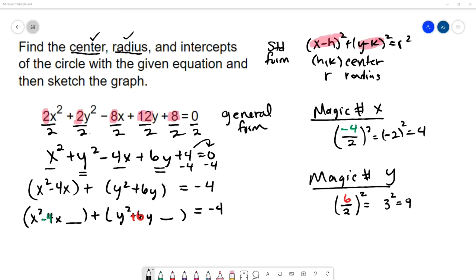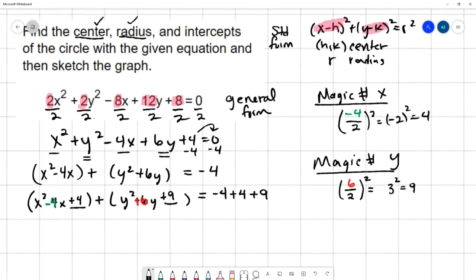So we want to add that 4 to the x group, but we have to balance the equation by doing the same thing on the other side. We want to add the 9 to the y group, but we have to balance by doing the same thing to the other side.